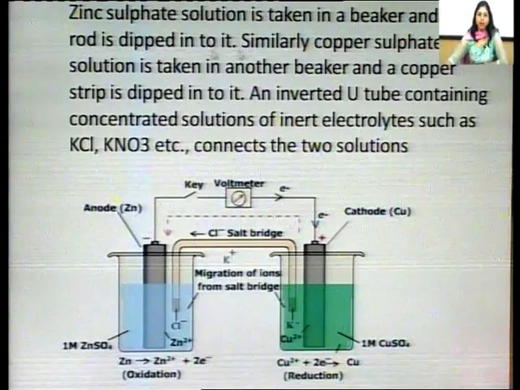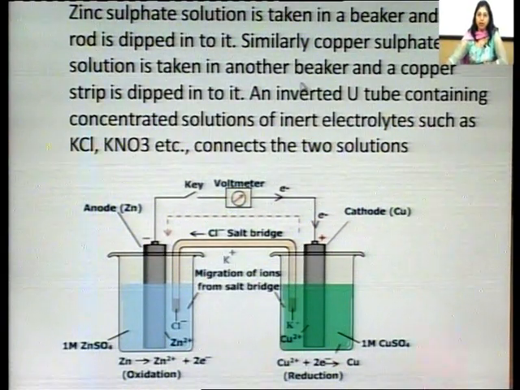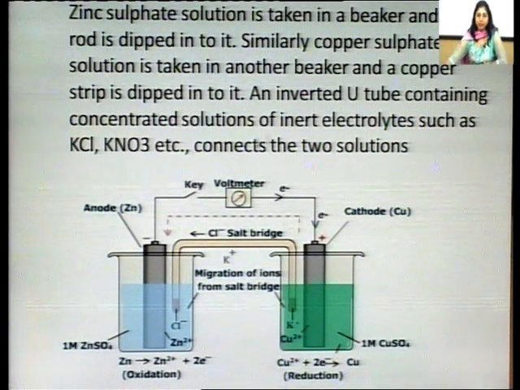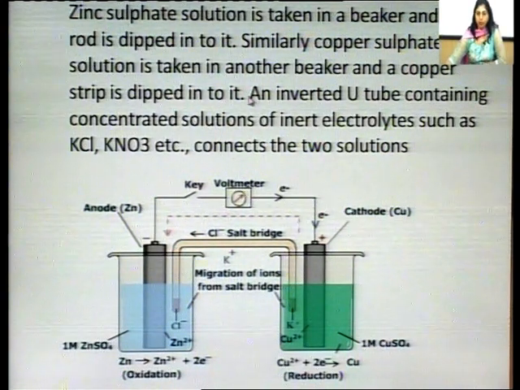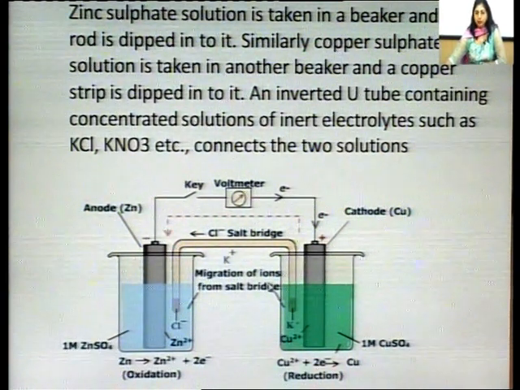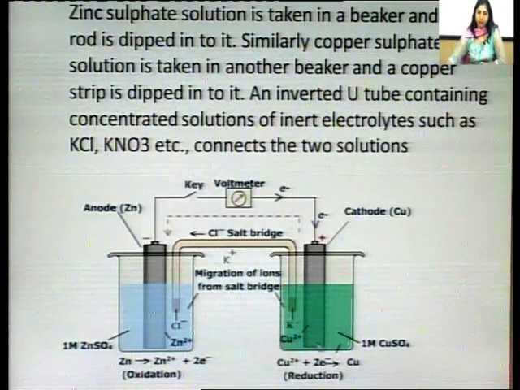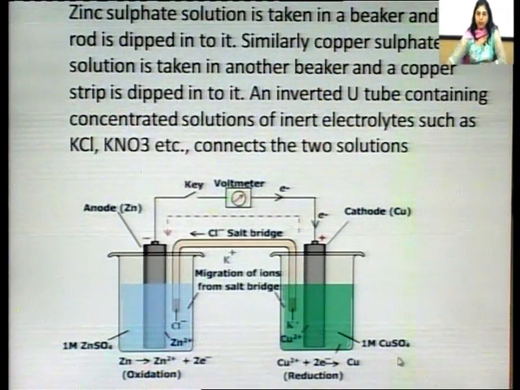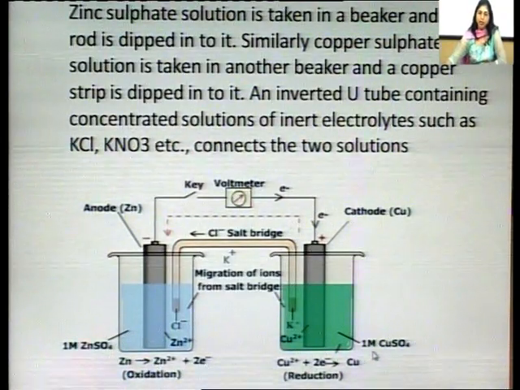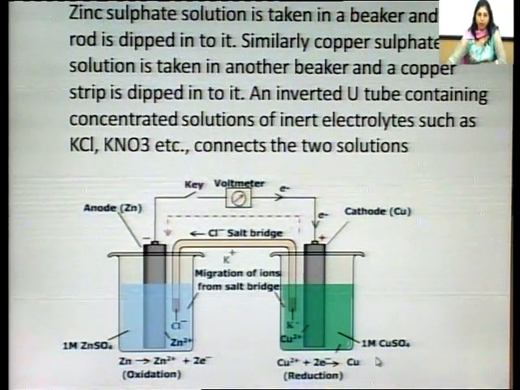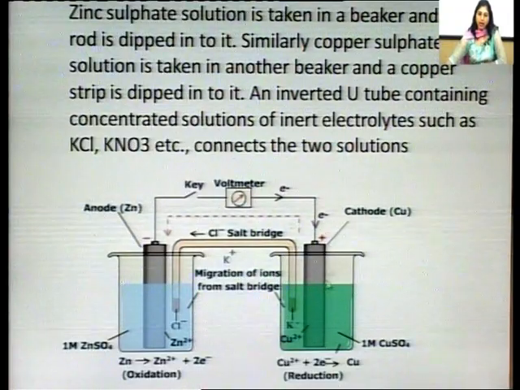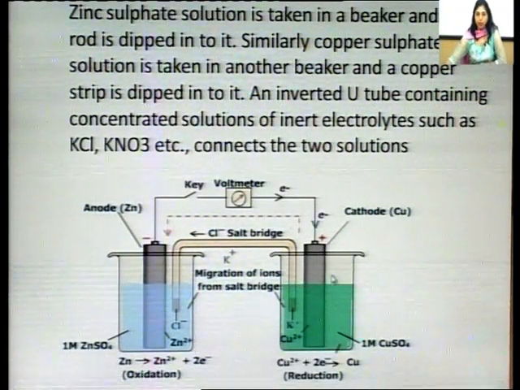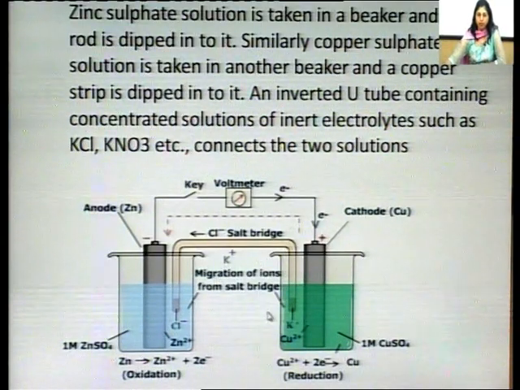Similarly, copper sulfate solution is taken in another beaker and a copper strip is dipped into it. In this beaker, a solution of copper sulfate has been taken. Again, its concentration is 1 molar and a rod of copper is dipped into this solution.